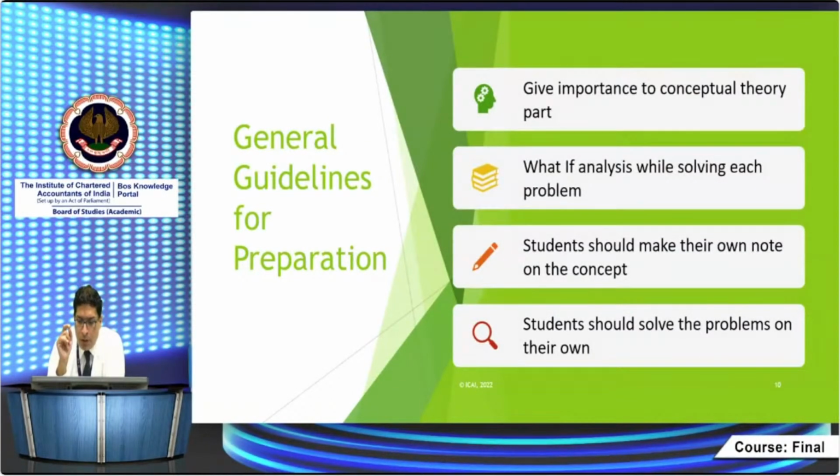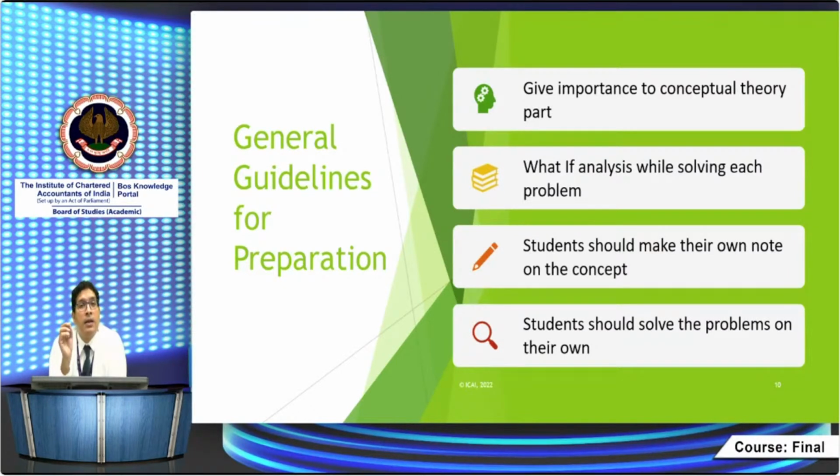Next, students should solve the problems on their own. How can I solve problems? Students normally do auditing of questions. They don't take the pain to solve questions in a notebook by pen or pencil.